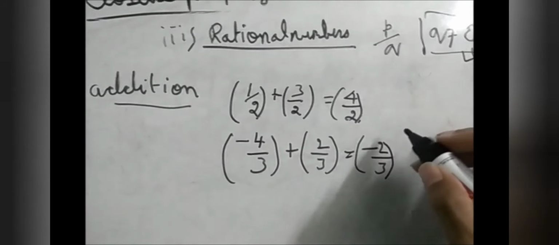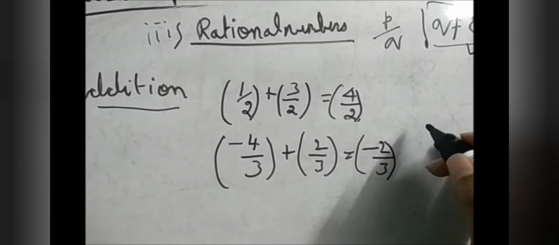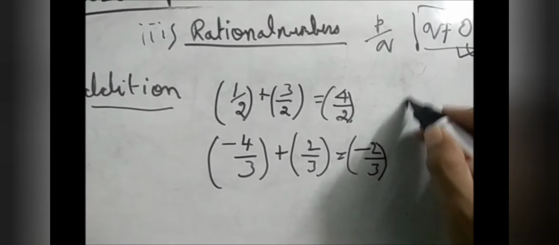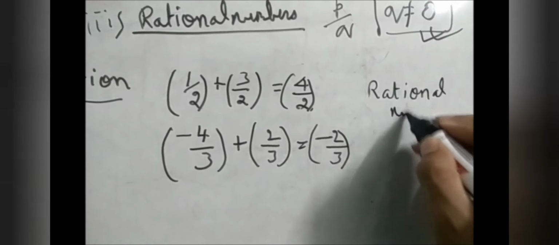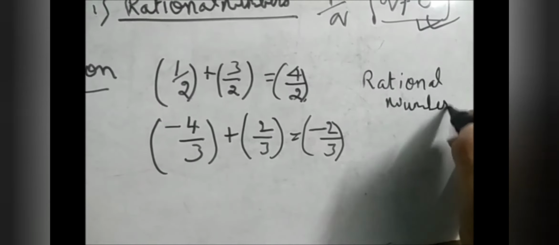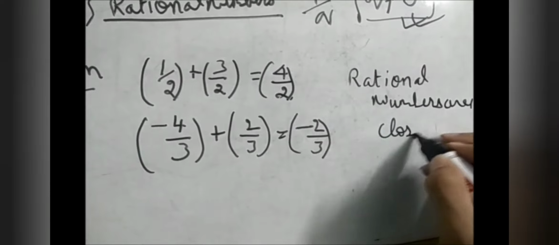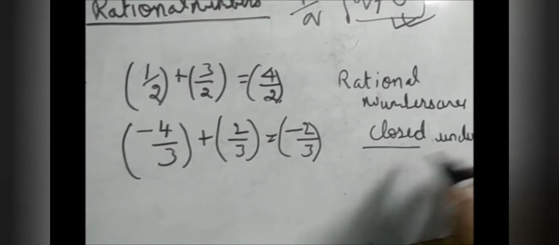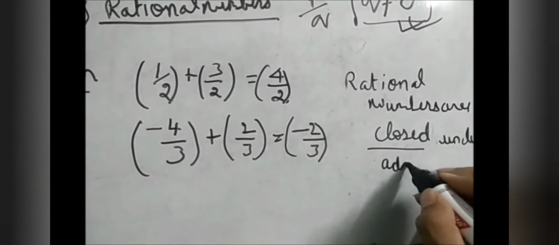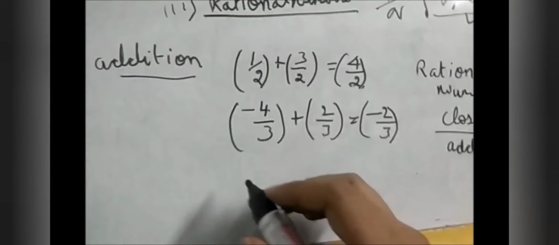So we can conclude that rational numbers are closed under addition.